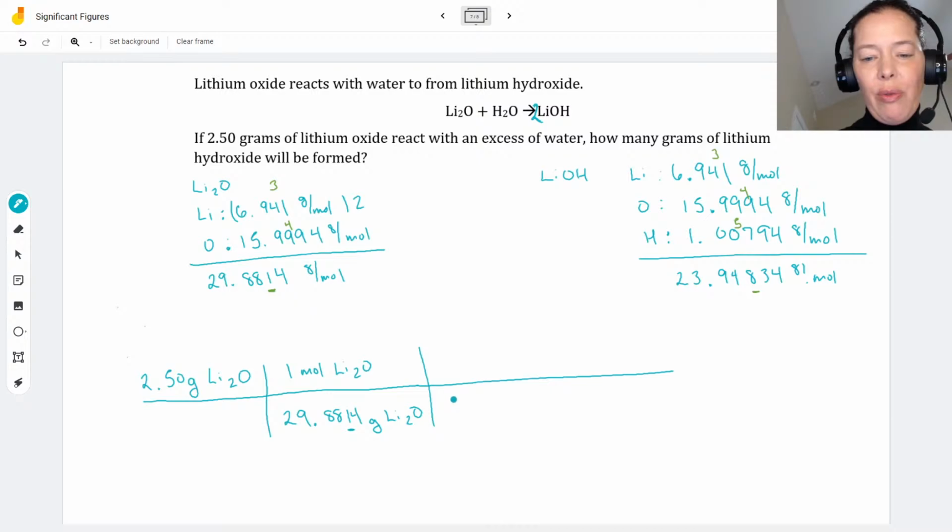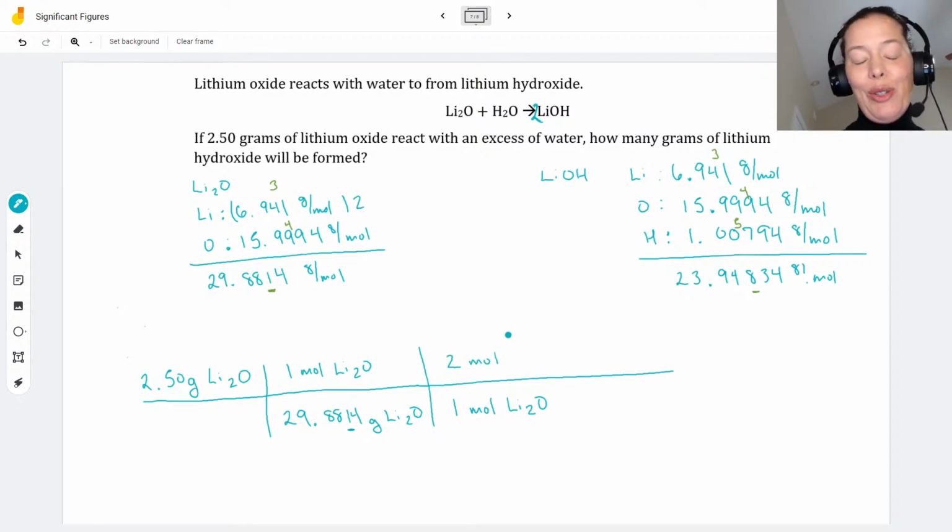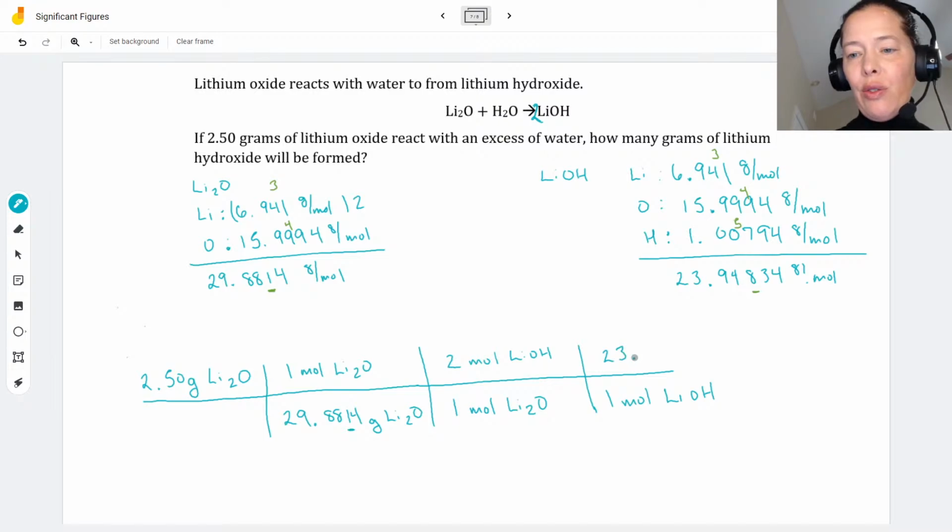Now my stoichiometric ratio, and this is a 2. Again, that's why you always balance your chemical equation first. That is lithium hydroxide. And then I need one more conversion. I just need to convert that into grams. So this is 23.94834. Again, I'm going to put my line under the 8 there. Grams of lithium hydroxide.